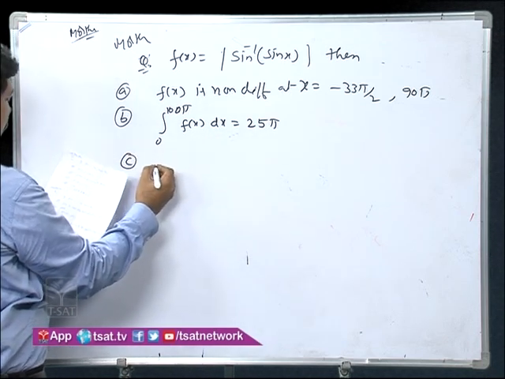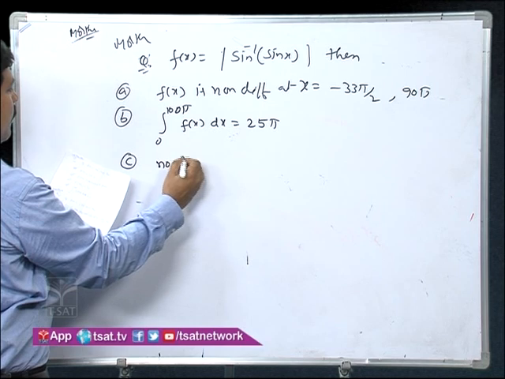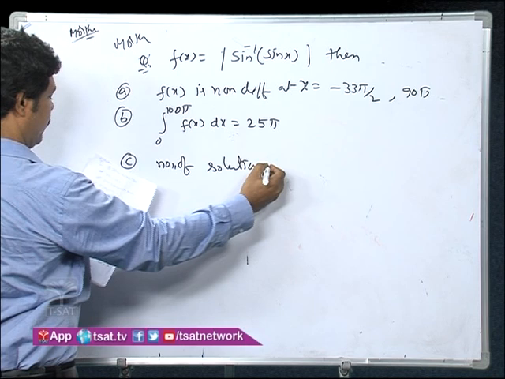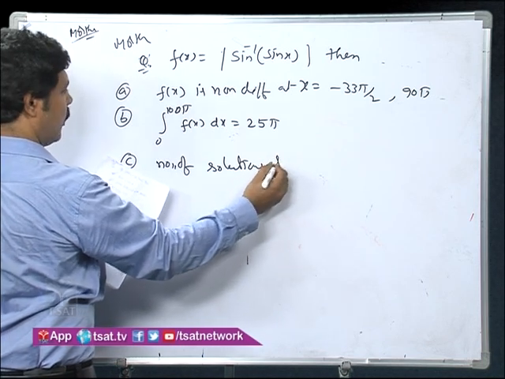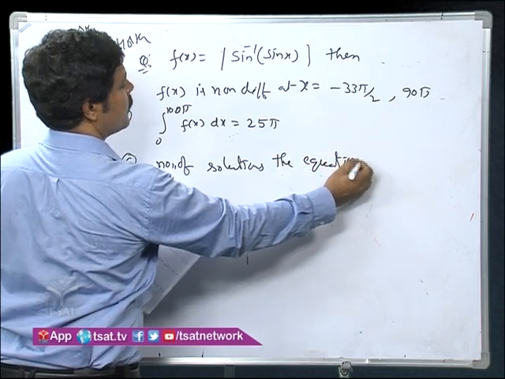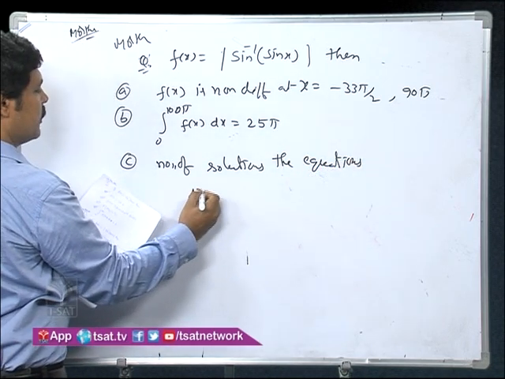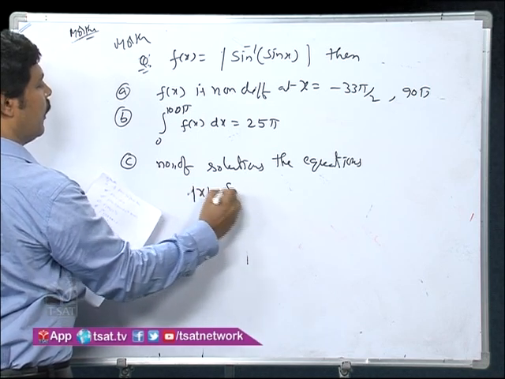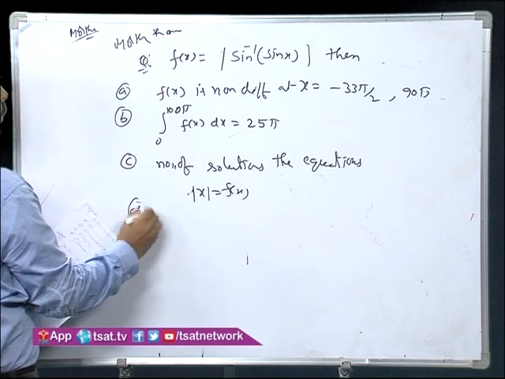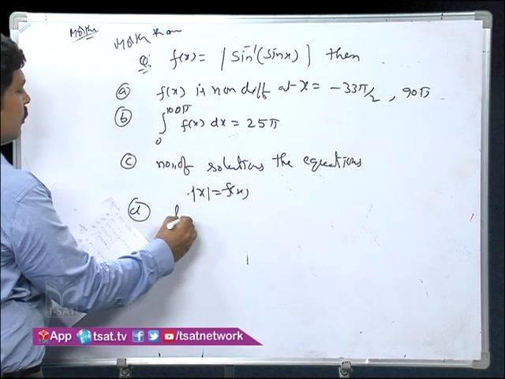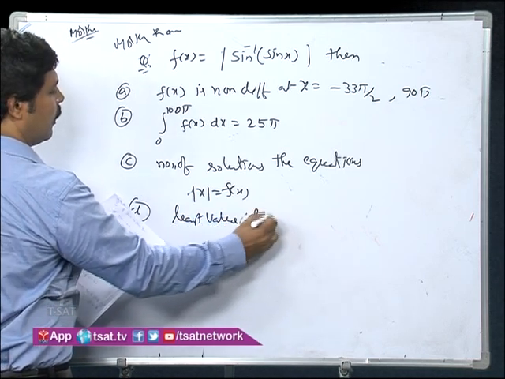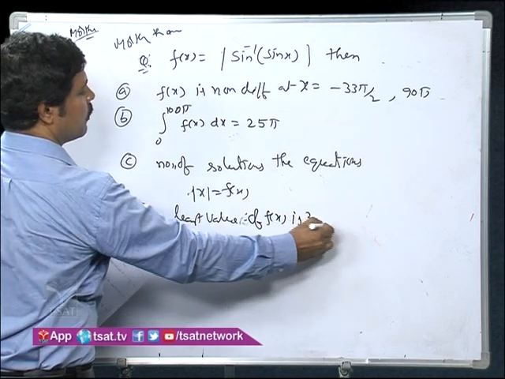Option C: the number of solutions of the equation mod x is equal to f of x, more than 1 option correct. Option D: the least value of f of x is 0. Okay.